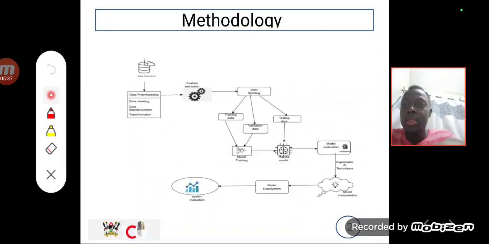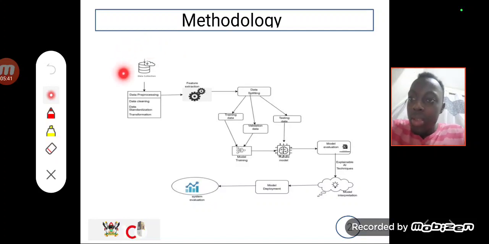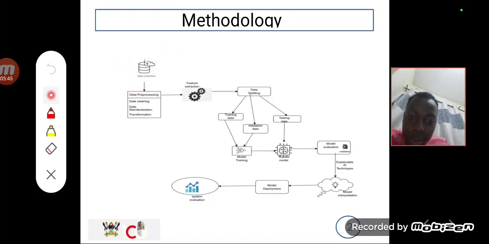Well, the methodology: the first step is data collection, where a dataset of gestures will be obtained. We shall make a dataset and it will include the context of each system.